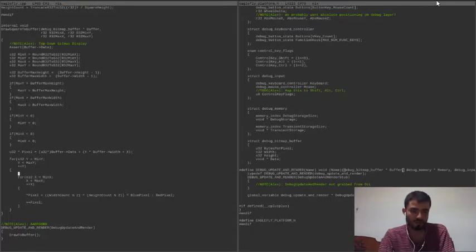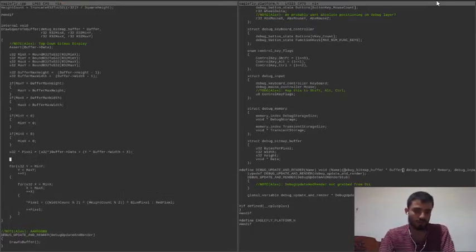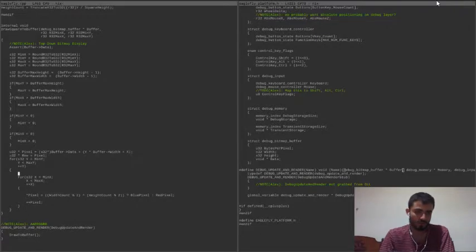Yeah, okay. Probably want something like row, I guess, equal to pixel, and the row is going to be plus equal to the buffer width.